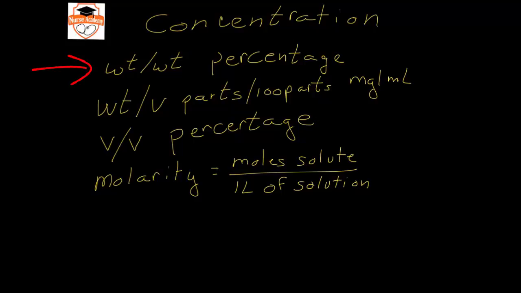A weight per weight percentage might be an IV solution or some other type of solution. But in general, I think most commonly the weight per volume, or milligrams per milliliter, or you could say mgs per mil, is by far the most commonly used concentration value, and that's the one we'll discuss most here.